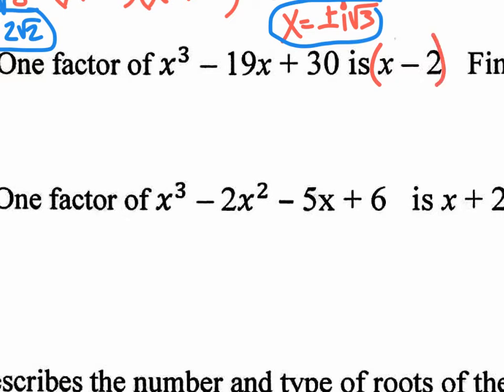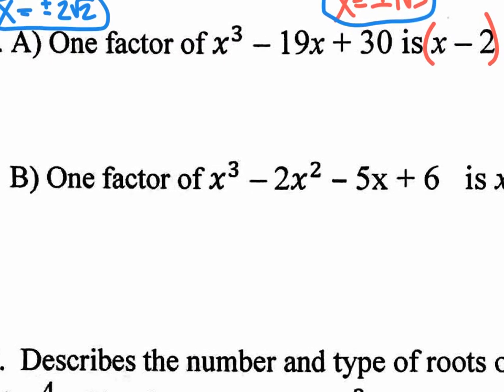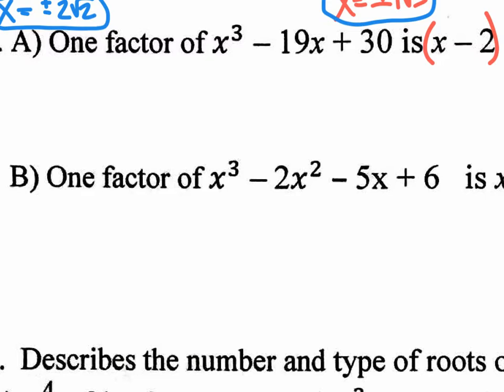Now, if you know that x minus 2 is a factor of this, then technically when you divide this by this, you should get 0 as a remainder, right? So let's actually do synthetic division to prove that we get 0 as a remainder, and the values that are left over are going to be actually our remaining polynomial.